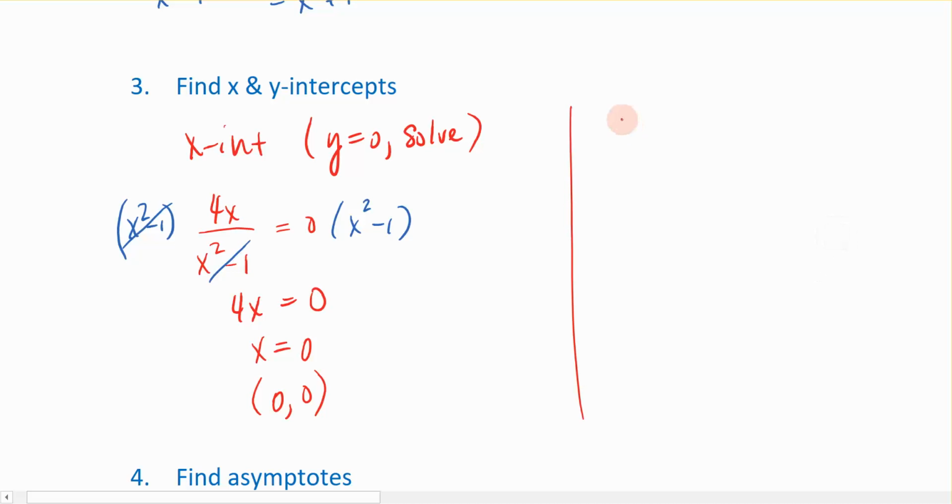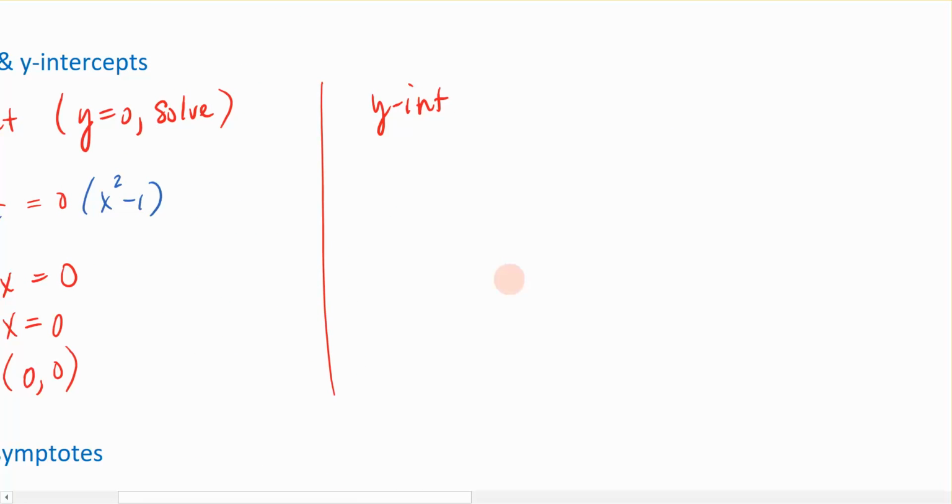Now we need to come in and look at the y-intercept of a function. When I'm looking at the y-intercept, that's where I set x equal to 0 and then solve. Okay? So if my function was 4x over x squared minus 1 equals y, then I'm going to replace x with 0.